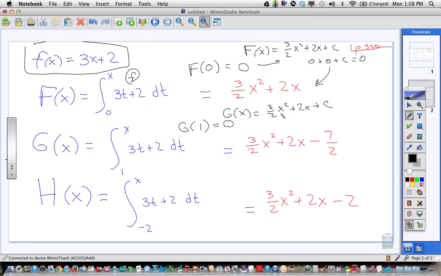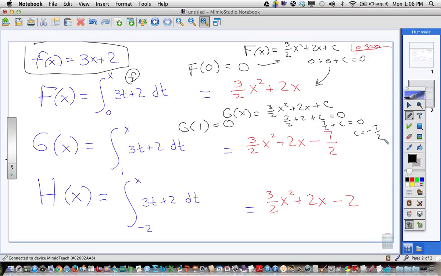All right, now what do we do? We put a 1 in for x. So we get 3/2 plus 2 plus C equals 0, just like we did with differential equations and finding our C value. So 3/2 is 1.5, plus 2 is 3.5. That's 7/2. Oh, this is going to work out nice. 7/2 plus C equals 0. C equals -7/2.